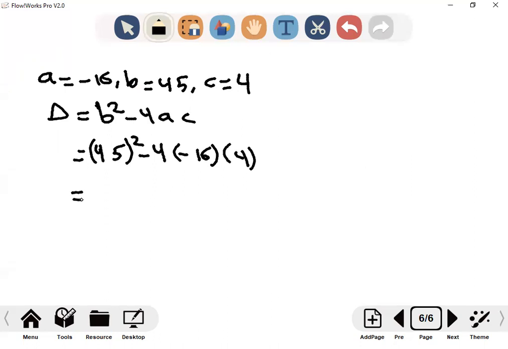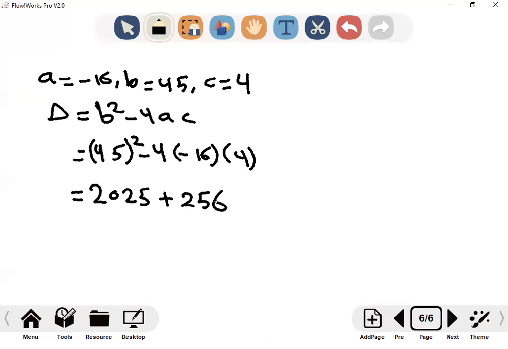Calculator: 45 squared is 2025, like this, right? Minus this, plus. It will be 4 by 4 is 16, by 16 is 256, right? Plus 256.